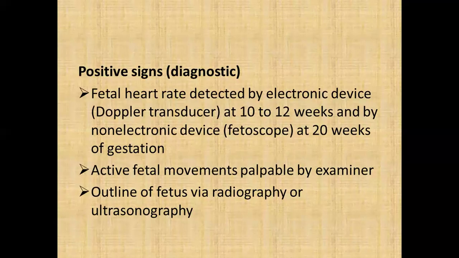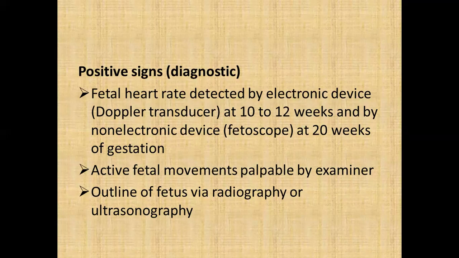The fetal heart rate can be detected using an electronic device or a Doppler, at 10 to 12 weeks, and by a non-electronic device, that is a fetoscope, at 20 weeks of gestation.